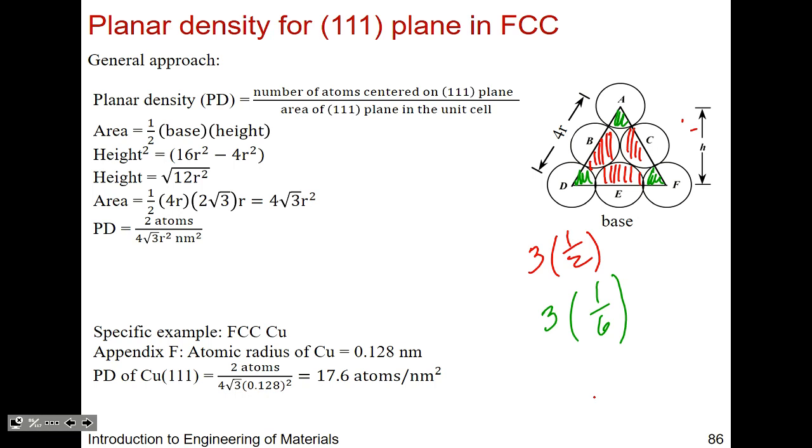We're talking about 2D now, so just take a look. That gives you 3 halves of an atom, and that gives you 1/2 of an atom. You add it all together, you get 2 atoms. That's how we get to that. Clear? Now, think about the 2D. Look at the triangle and just count the area fraction. And that's how you get to the number of atoms on the 111 plane.